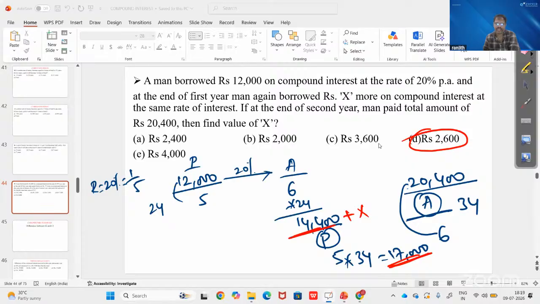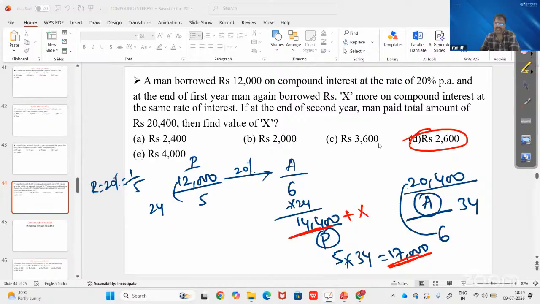By using the ratio concept, we are solving this instead of the formula and percentage method. By using ratio, we invest 5 rupees and get 6 rupees, where 5 equal to 12,000. In 5 parts 12,000 we get 24 times, so here also we multiply 24. 24 into 6 equal to 14,400. So first year principal equal to 14,400 plus some extra X value.